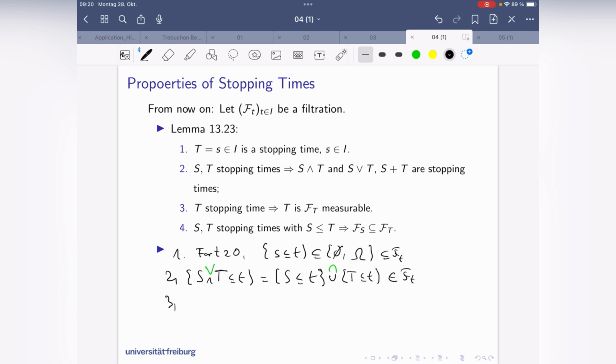I write S prime equals S minimum t plus the indicator that S is bigger than t. And the same for T. So T prime is T minimum small t plus indicator T bigger than t. And why is that?